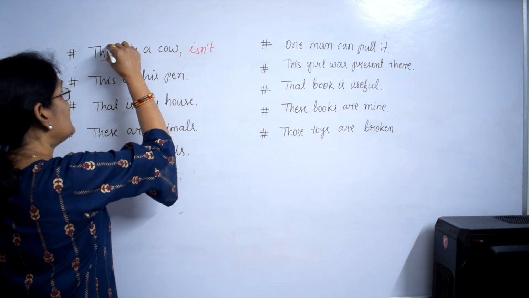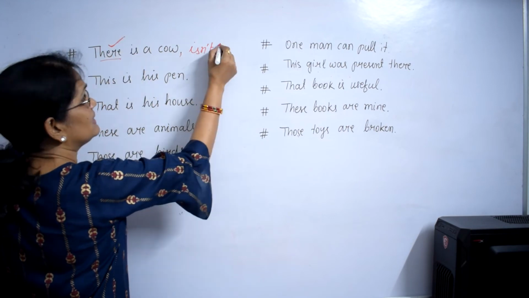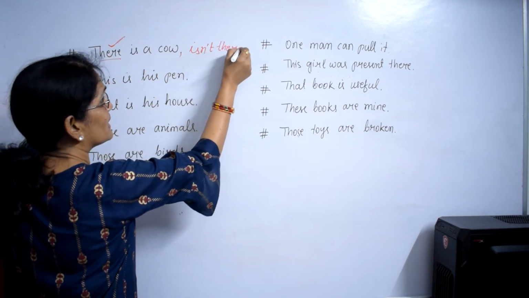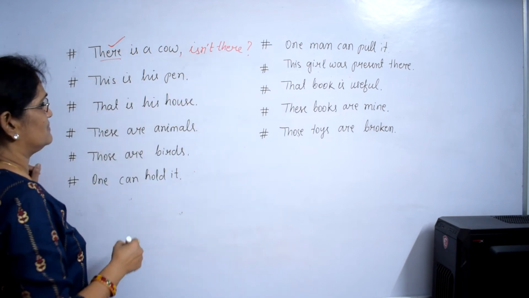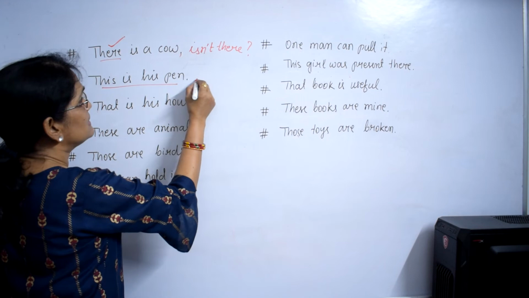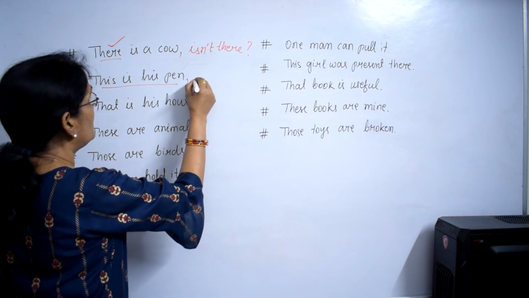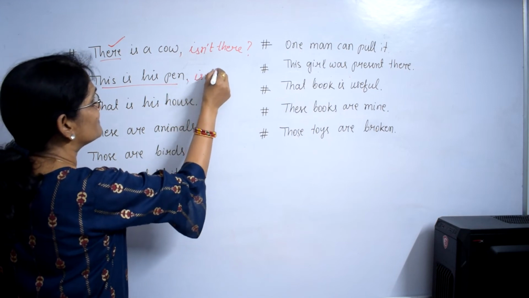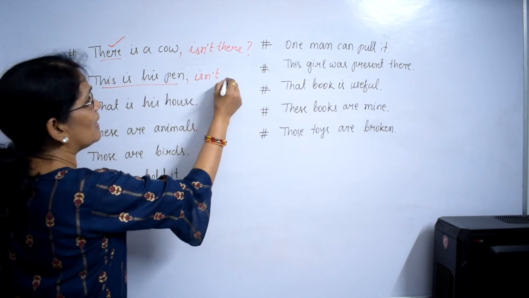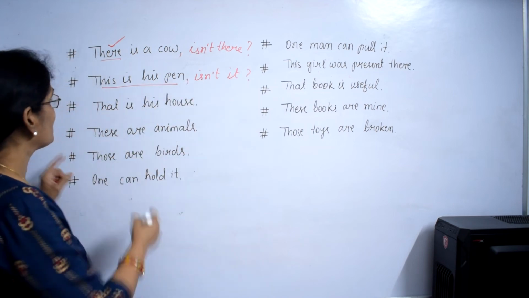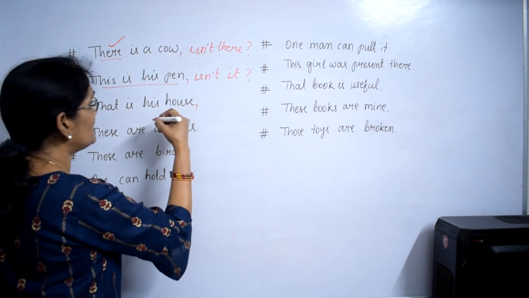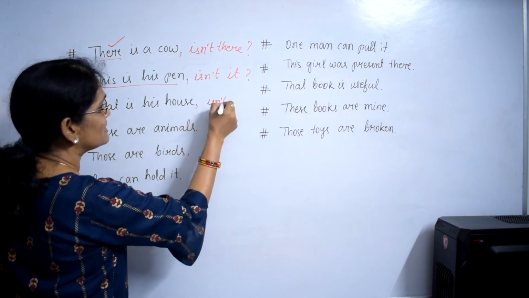Isn't. If there is used as a subject, then there will be written in the question tag. Then question mark. This is his pen. Positive statement. Add comma, isn't. For this, write it, not this. Isn't it? That is his house. The same thing, isn't it?